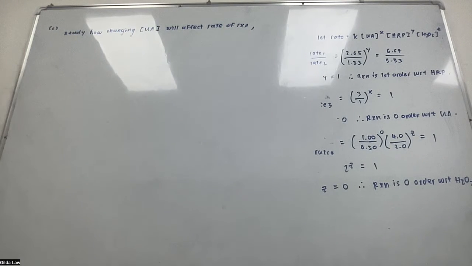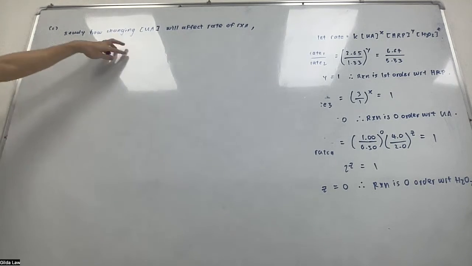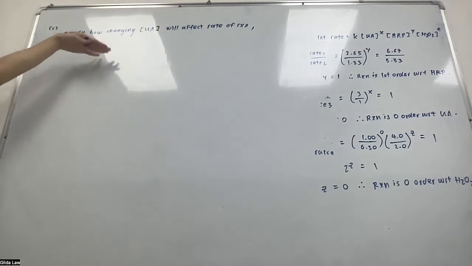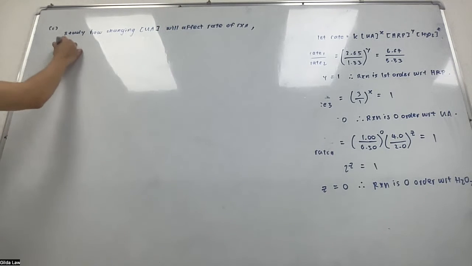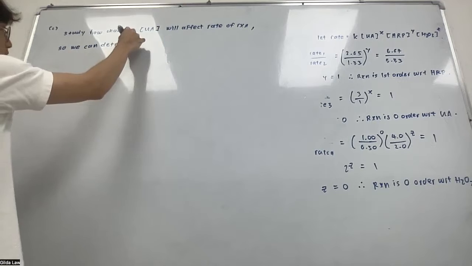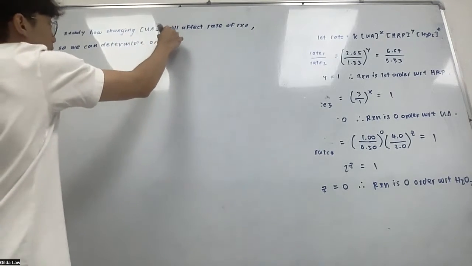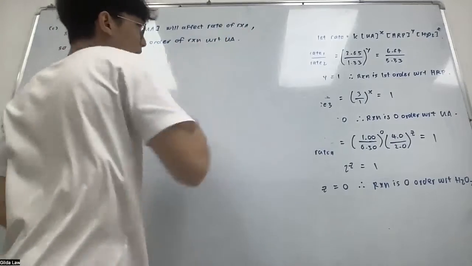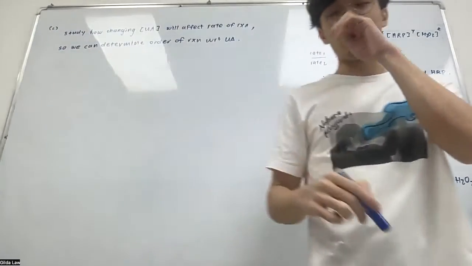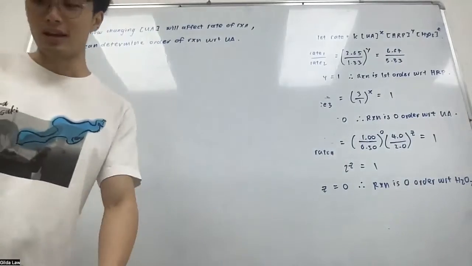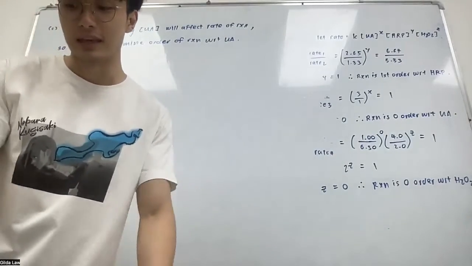So we see how concentration affects rate, and then we can determine the order of reaction with respect to UA. So this is about UA, for 2 and 3, which is what you kind of did in the working as well. And let's continue with part E.